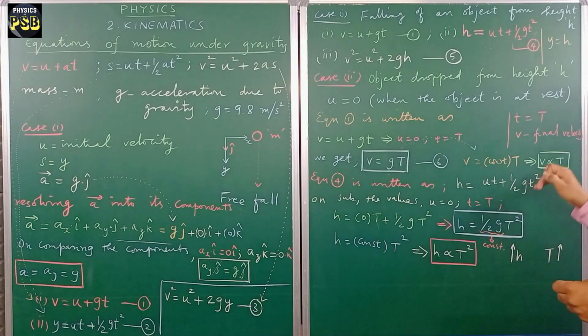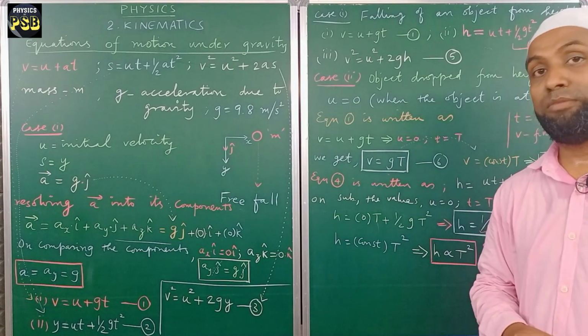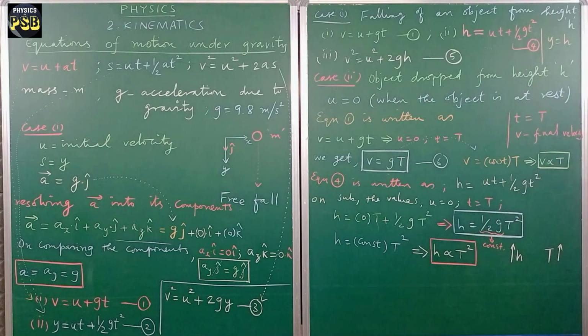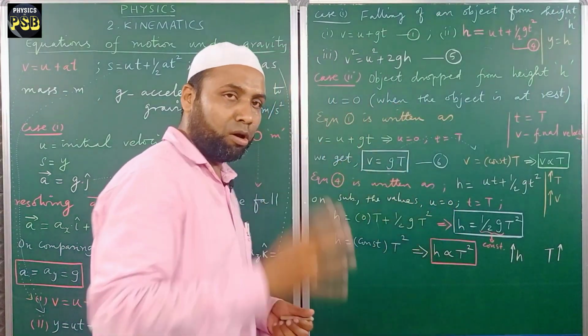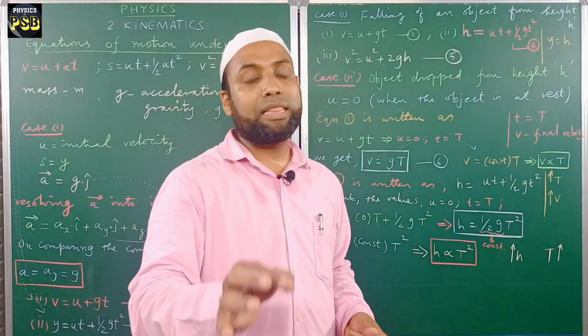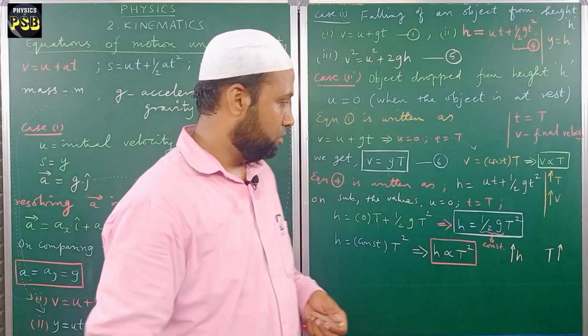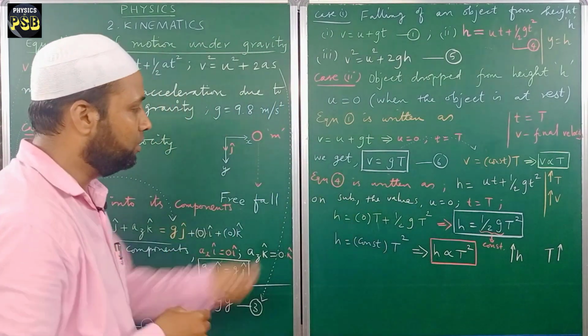Then, if you check its final velocity when it reaches the ground, you may find that if it takes more time, the velocity of the object will be more. This shows that when the time taken by the object is more, it might have attained a higher velocity. Now, this is applicable only for an object which moves only under the action of gravity. Clear?